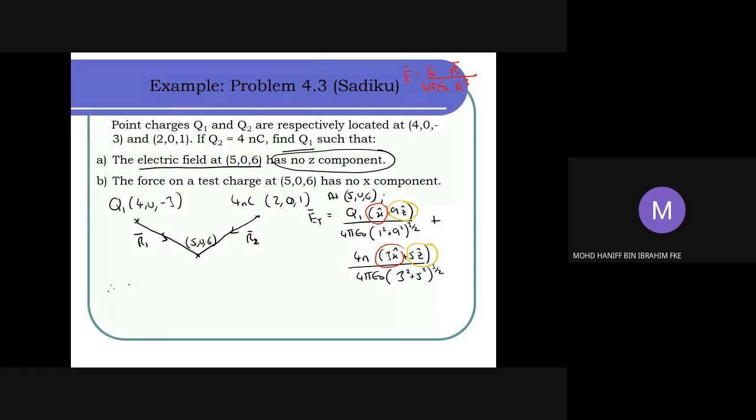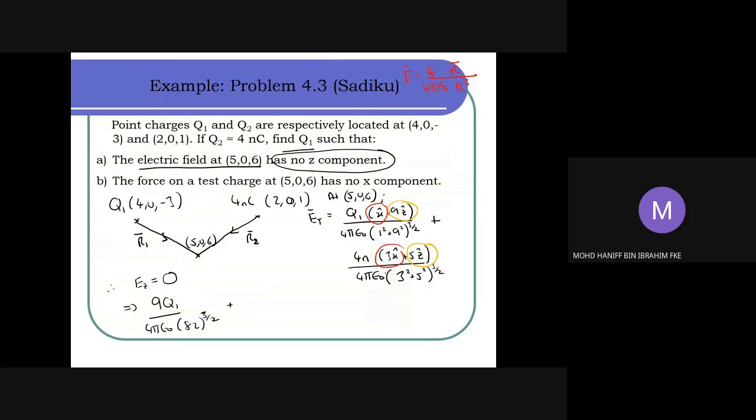So for that particular case, the Z component, I can put EZ here, which stands for the Z component of the E field, will be equal to 0. Based on this equation, we can write it as 9 of Q1, from the first term, divided by 4 pi epsilon naught, 82 to the power of 3 over 2. That should be the Z component for the first term.